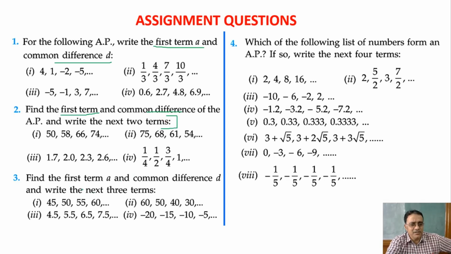And the third question also, you have to write the first term and common difference, but here you have to write 3 more terms. And in the fourth question you have to check whether this will form an AP or not. Okay, clear?